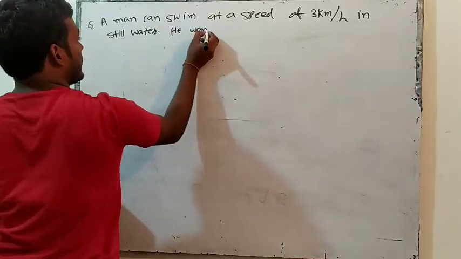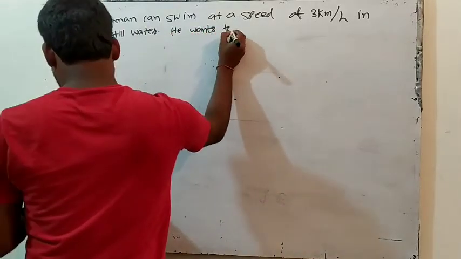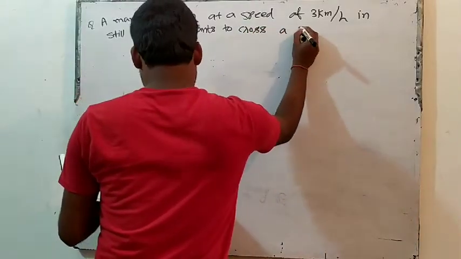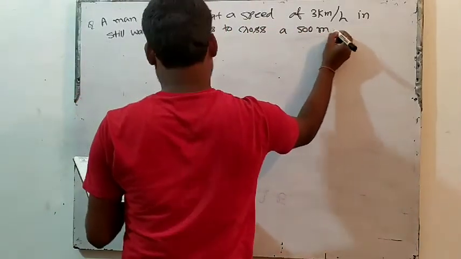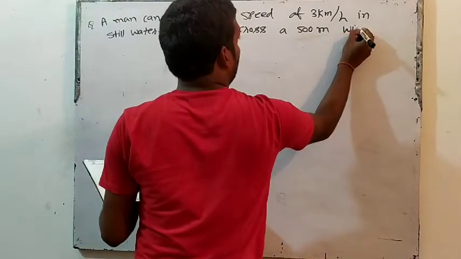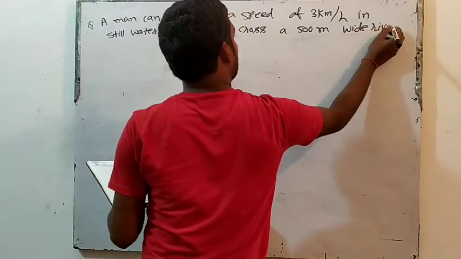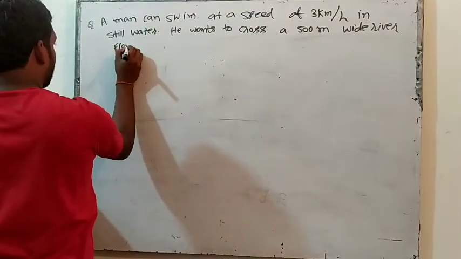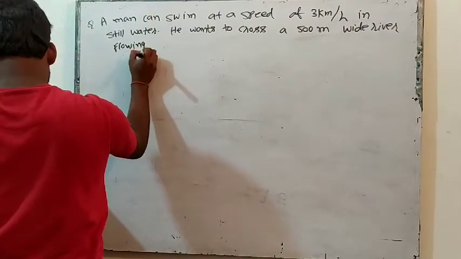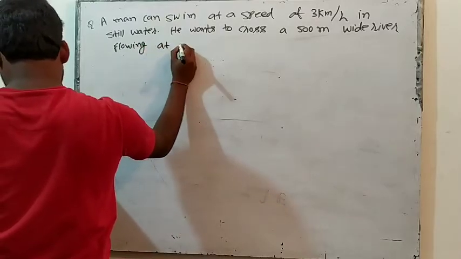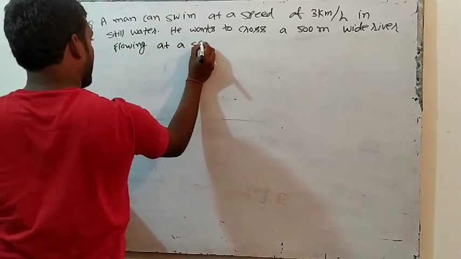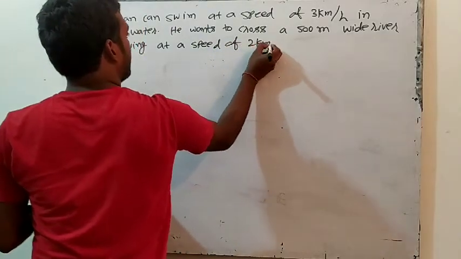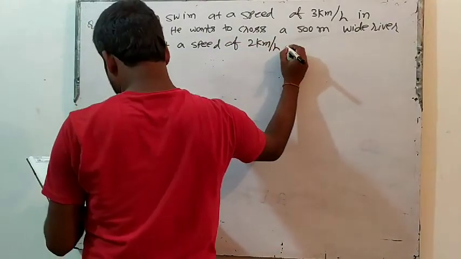He wants to cross a 500 meter wide river flowing at a speed of 2 km per hour.